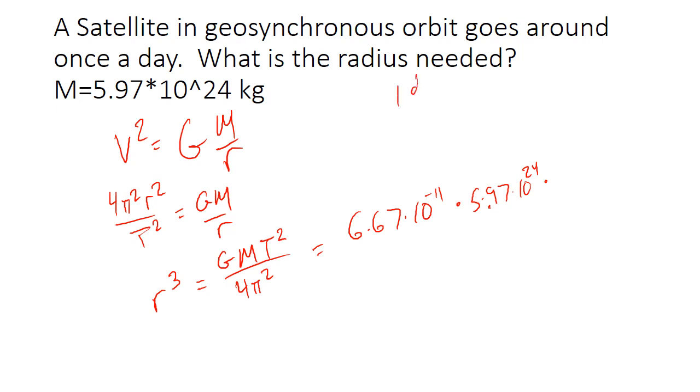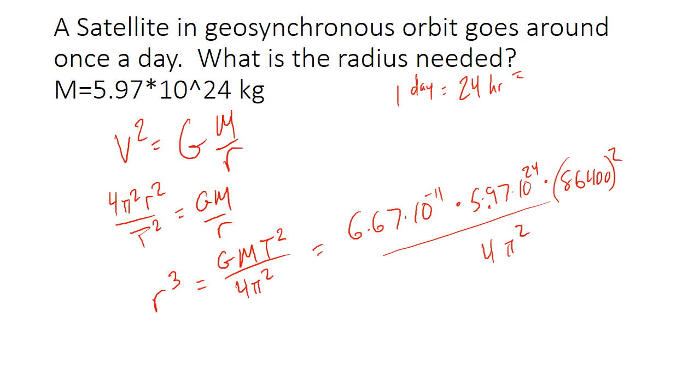What's the period? So 1 day is equal to 24 hours, which is equal to 24 times 60 times 60, which is 86,400 seconds, squared, divided by 4 pi squared.